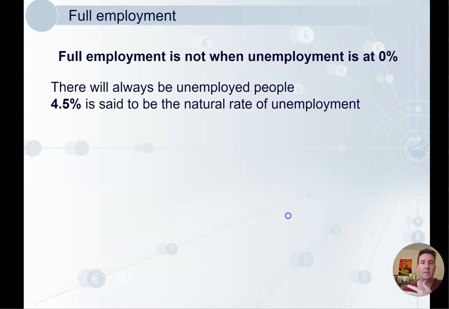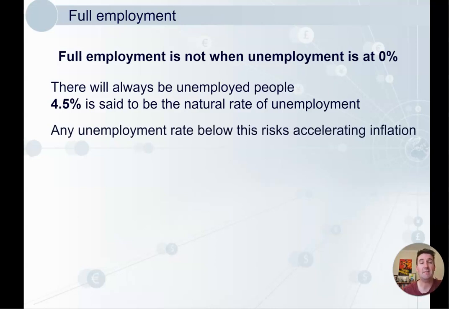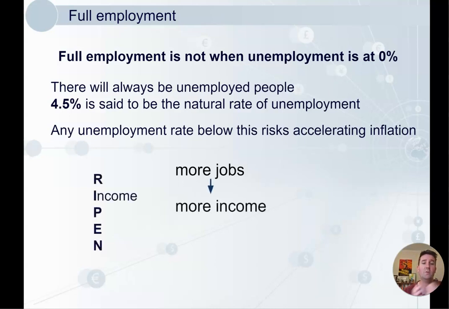So 4.5% natural rate. Anything below that, it risks accelerating inflation. And here is why. If we have a low unemployment rate, it's because there's more jobs, generally. More jobs equals more income. Higher income, right? That's one of our non-price determinants of demand, isn't it? So the more income people have, the more they demand goods and services, right?